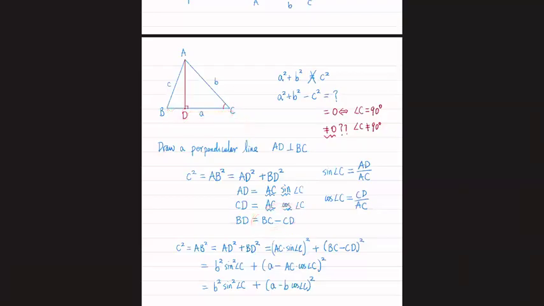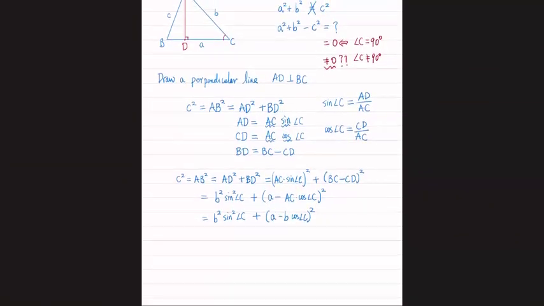Okay. Then we plug these two formulas into our expression. So AD is replaced by this, BD replaced by the difference. Now simplify a little bit. AC is b, BC is a.